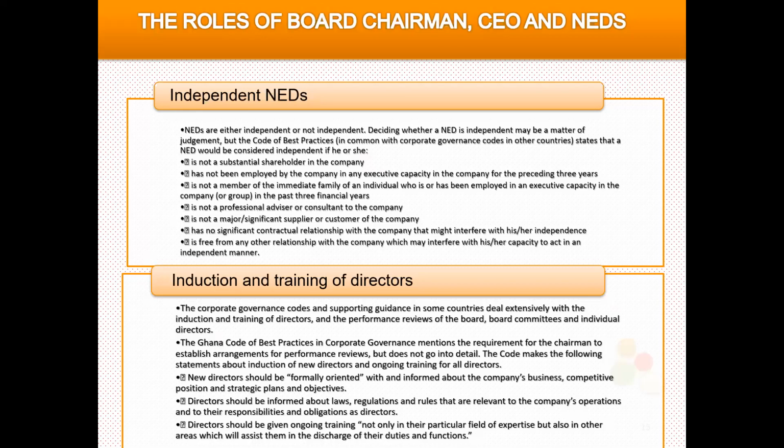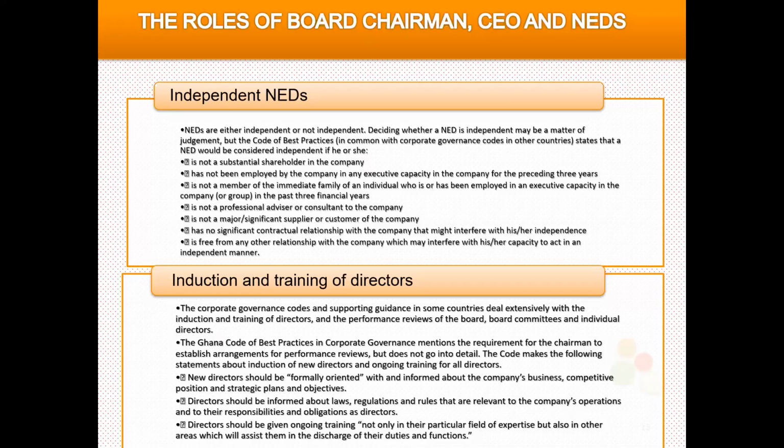Induction and training of directors. The corporate governance codes and supporting guidance in some countries deal extensively with induction and training of directors. Let's look at what Ghana is doing. The Ghana Code of Best Practices in Corporate Governance mentions the requirement for the chairman to establish performance reviews.